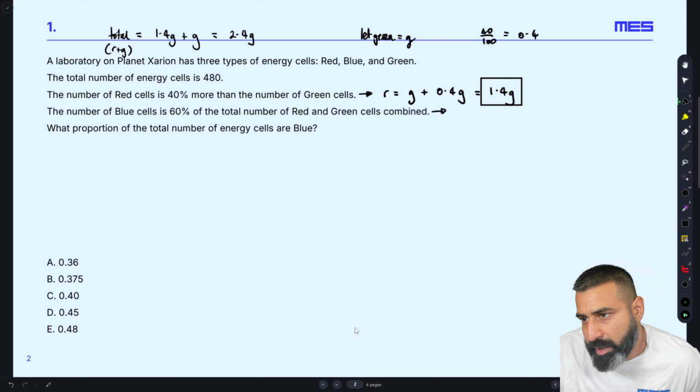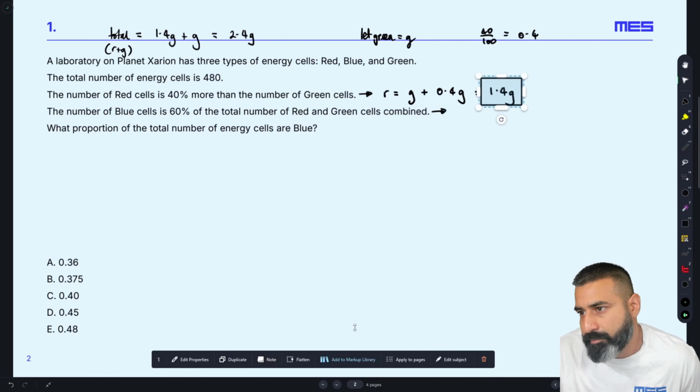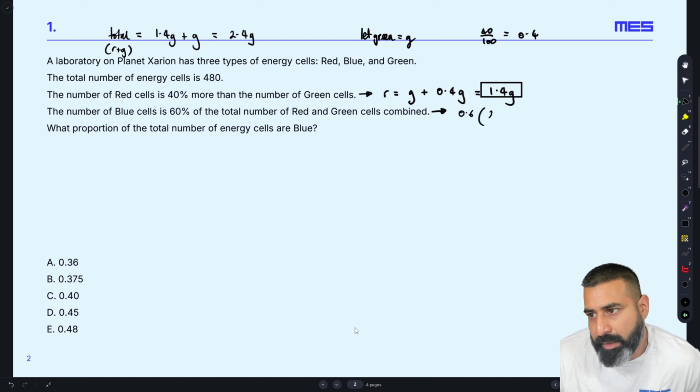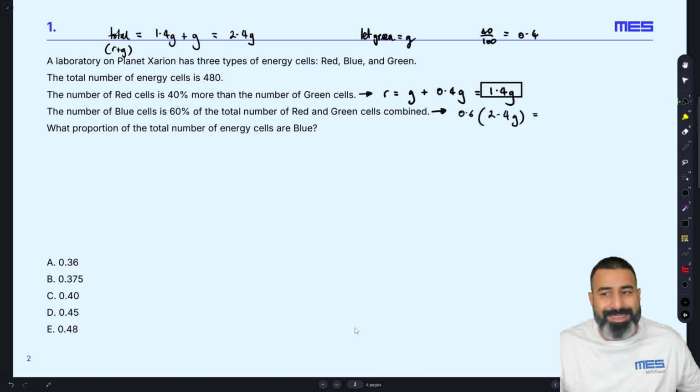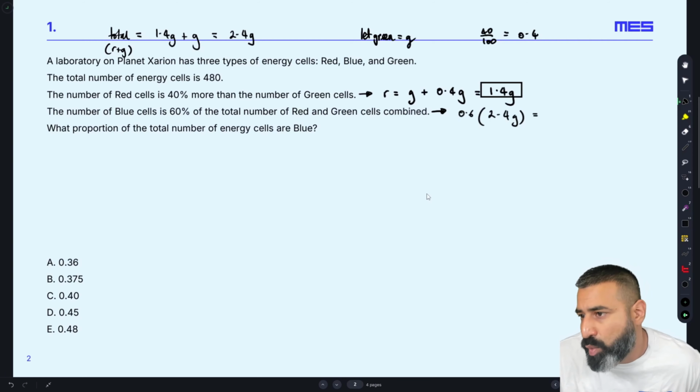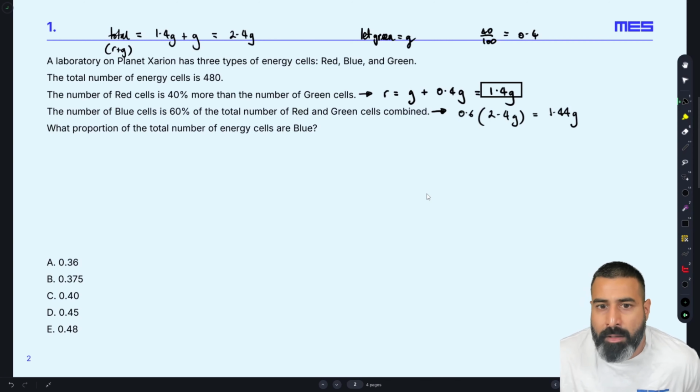So if we have a look at that sentence, we can then say that 60% is 0.6 multiplied by 2.4G. So what does that give us? So that will give us 1.44G.